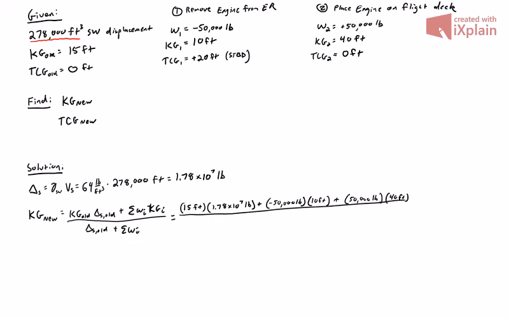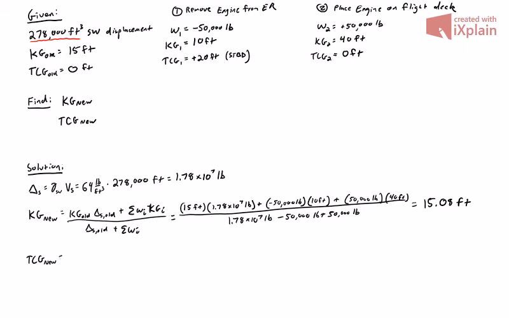And then all divided by the old displacement, 1.78 times 10 to the 7th pounds, minus 50,000 pounds, plus 50,000 pounds. And if we plug that all into our calculator, we get that the new vertical center of gravity is 15.08 feet.